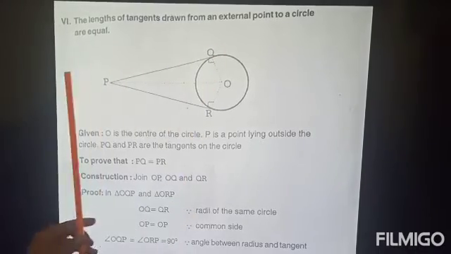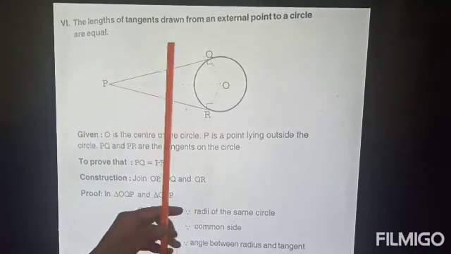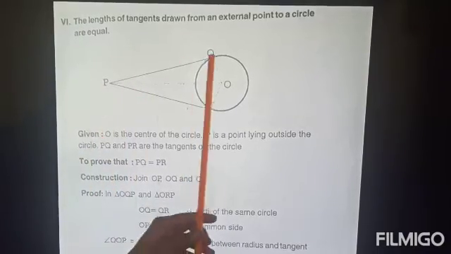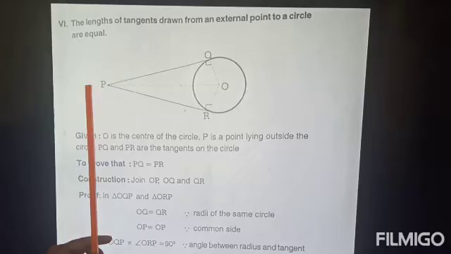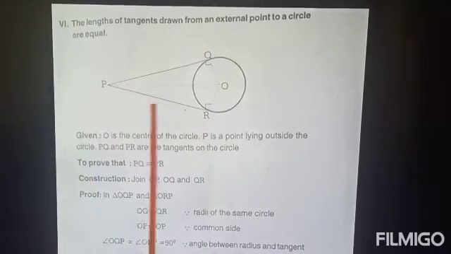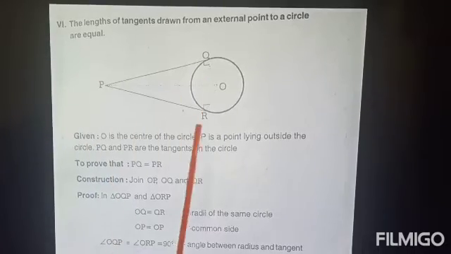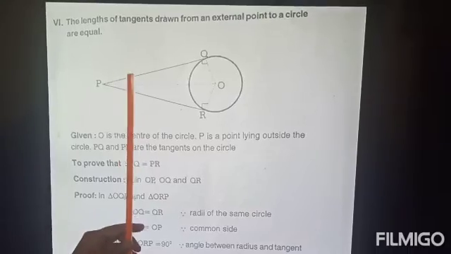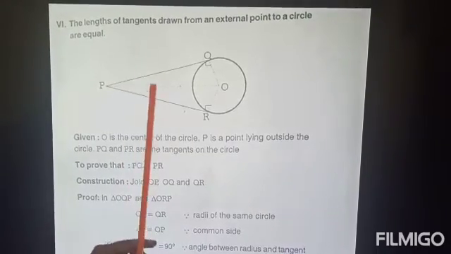The two tangents drawn from the external point to the circle are PQ and PR. Now we have to prove these two tangents are equal to each other.